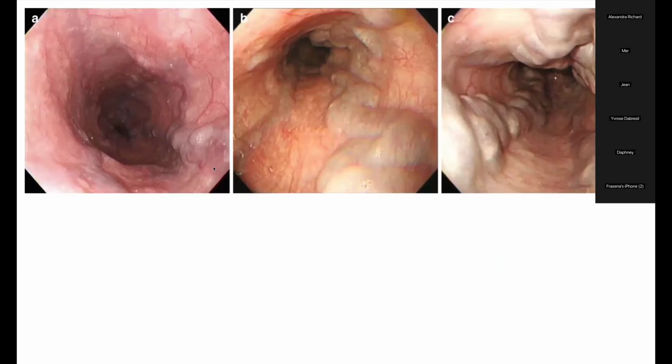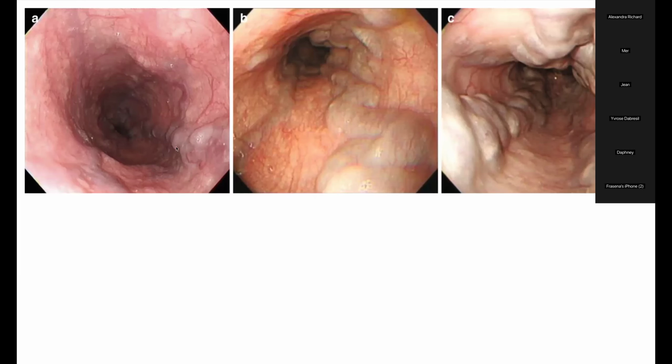So here we have different variations, degrees of severity. As we can see here, picture C is severe. This doesn't even look like an esophagus.